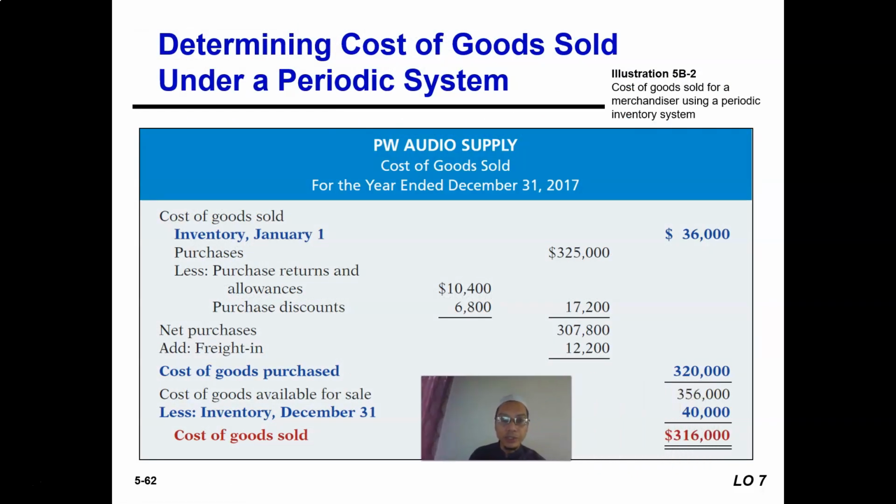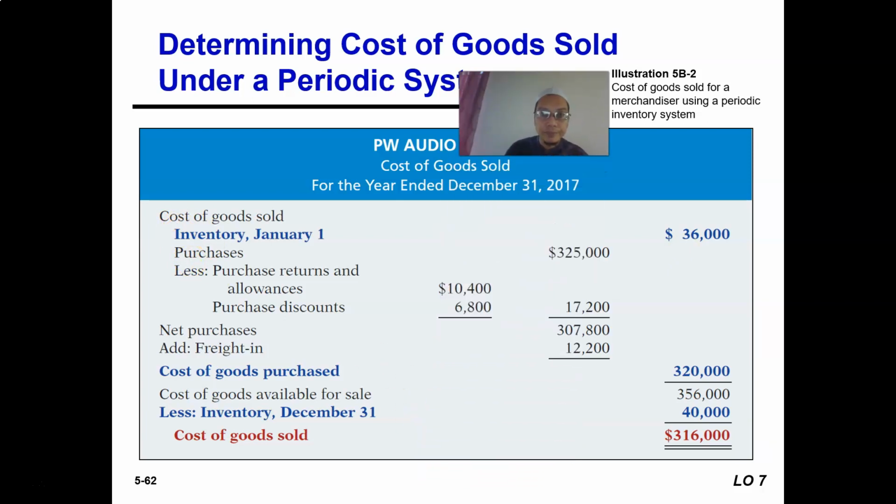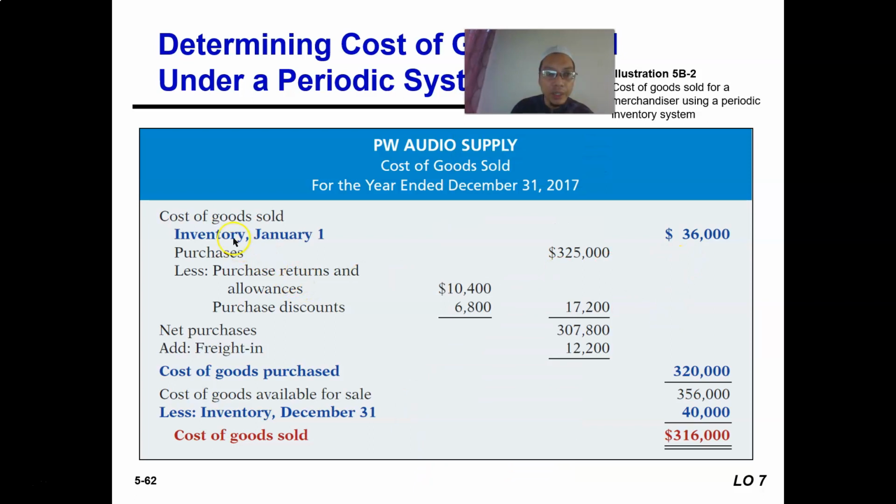So this is the calculation of cost of goods sold. Cost of goods sold is a calculation. It comes from the beginning inventory, which adds with the purchases, where we add the net purchases.